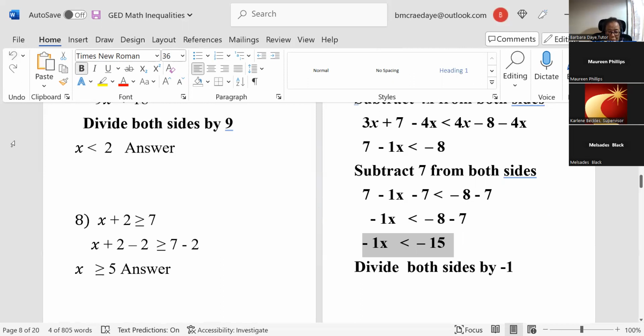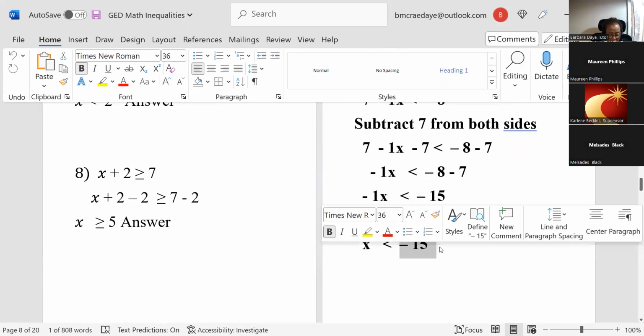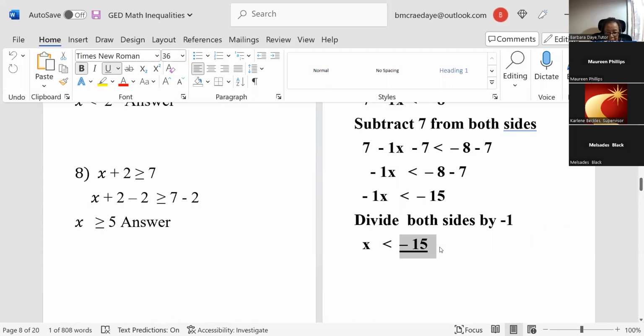Okay, so after we divide that out, let's put what we have here. So divide both sides by minus 1. That would just give us an x. Let me just do it like this and put the minus 1 here.